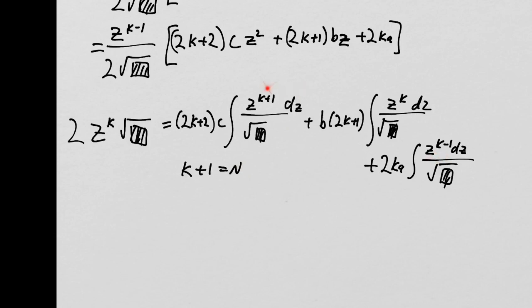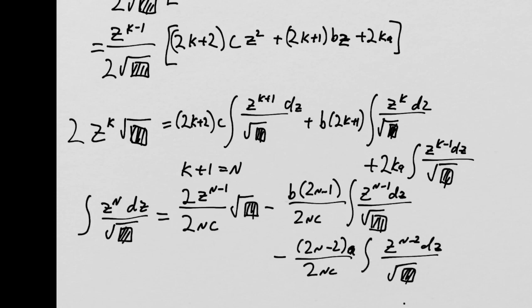So we'll have an integral for z to the n in terms of the integral for z to the n minus 1 and z to the n minus 2. And that will be our recursion process. That will be the top level of our recursion process. And here's that final result, the best of my little calculation.